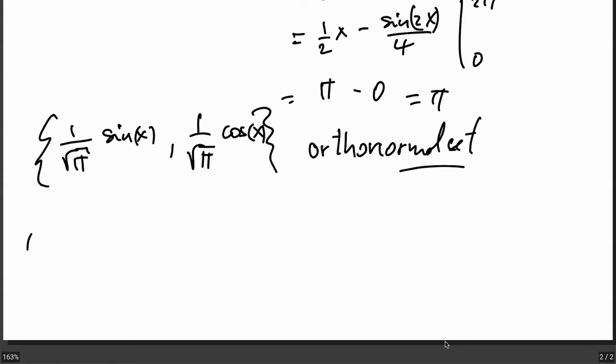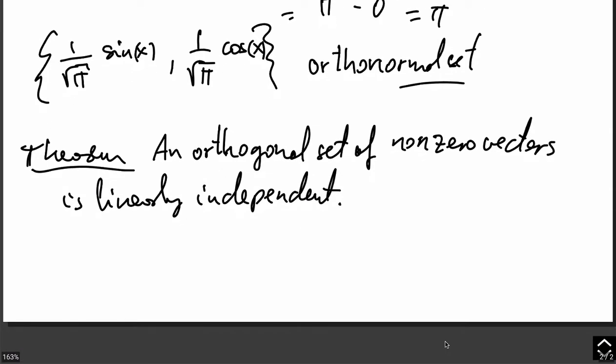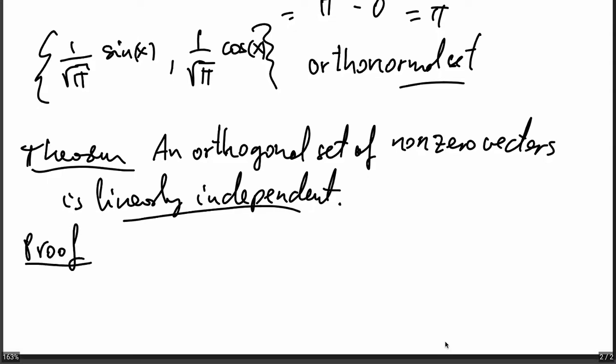The next theorem is the one that explains perhaps the best. It connects orthogonality to linear independence. It says that an orthonormal set of non-zero vectors, or orthogonal set of non-zero vectors, is linearly independent. So the linear independence proofs are really pretty much all the same.